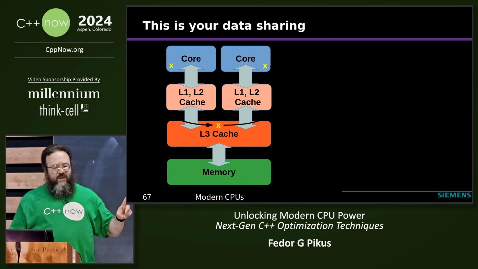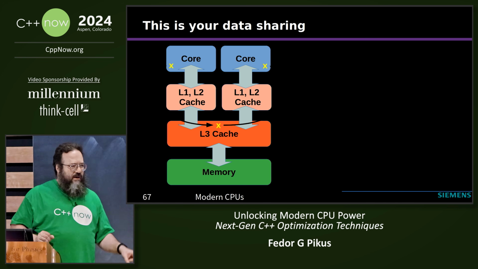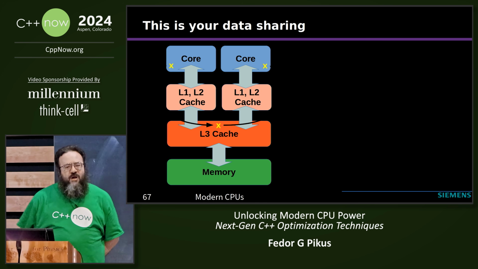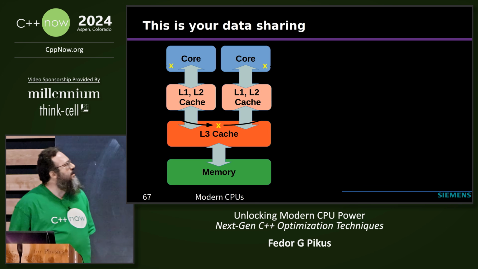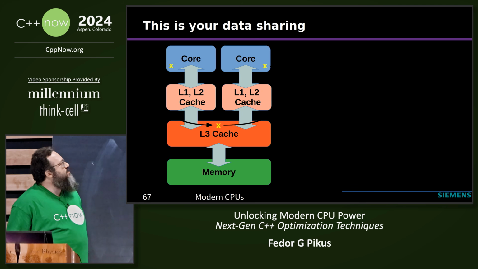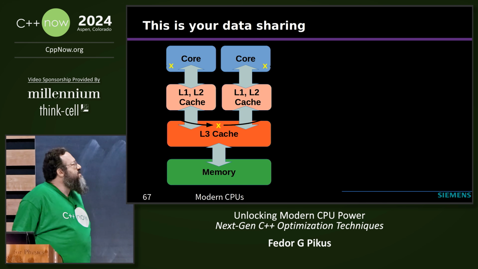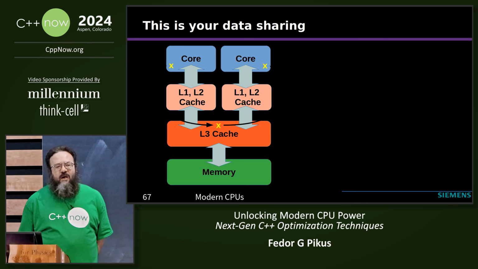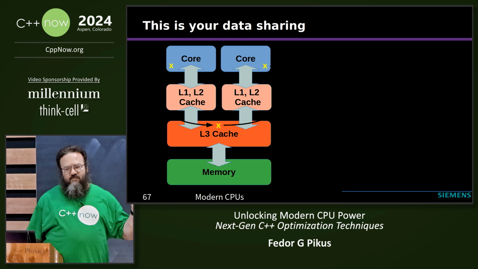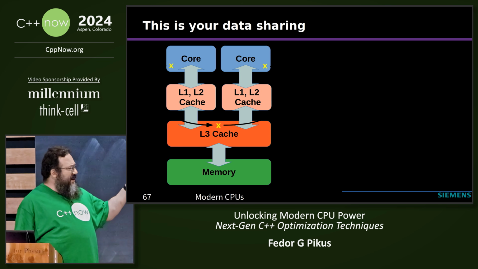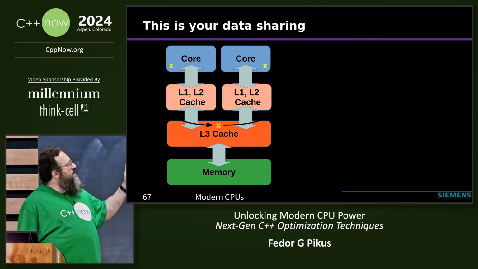Okay, and that's where we get to fully embrace latency and the pain. So here is your data sharing as you know and hate it. Here is one core, and you have some shared location in memory, and it's not really in memory if you've been hammering it a lot, like the head of your queue in a thread pool. It's in L3 cache by now. Now, the cores don't really access it from L3 cache. They have to access it from L1 and L2 cache.